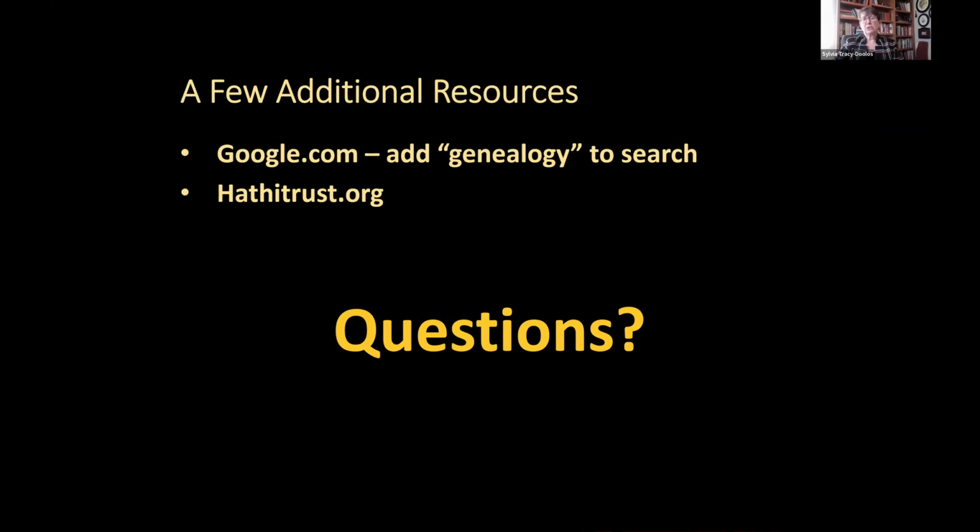A few other resources that I thought of after I sent this information in. When you're doing genealogy and you're using Google, and everybody doesn't like Google as well as I do probably, but I tend to Google things a lot.